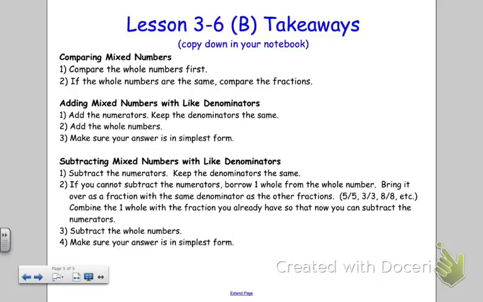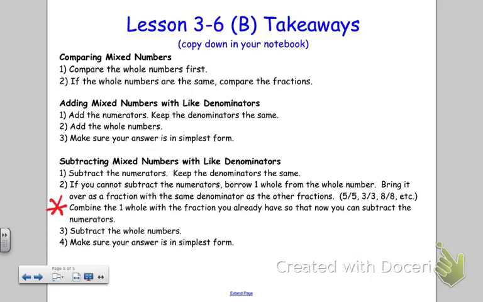Now, this is really important. If you cannot subtract the numerators, borrow one whole from your whole number. Bring it over as a fraction with the same denominator as the other fractions. Like we borrowed 5/5, right? We borrowed one whole, but we wrote it as 5/5. Maybe you're going to bring over 3/3.